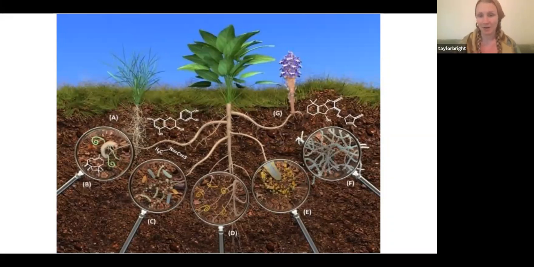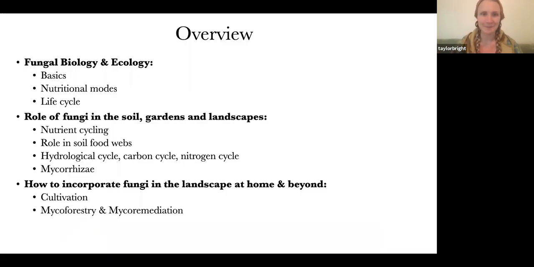So much of it involves fungi that don't even produce mushrooms at all. It's really fascinating to me. I just love the mystical world of the soil and of the rhizosphere, and how much goes on that we can't even see. So I'll be talking a lot about that today.